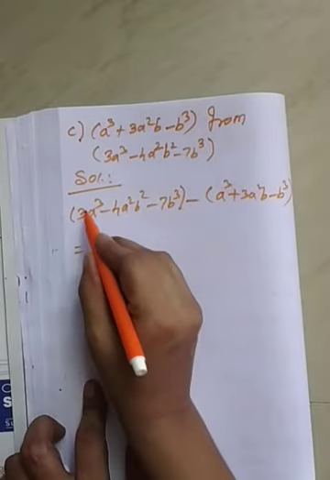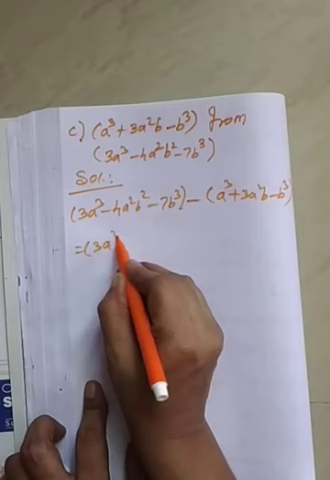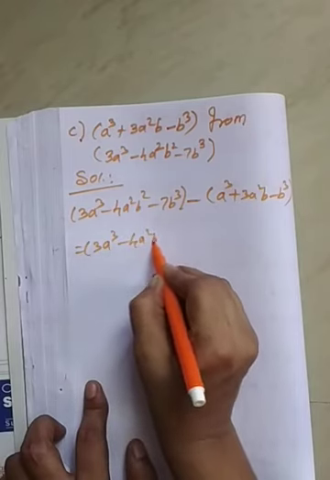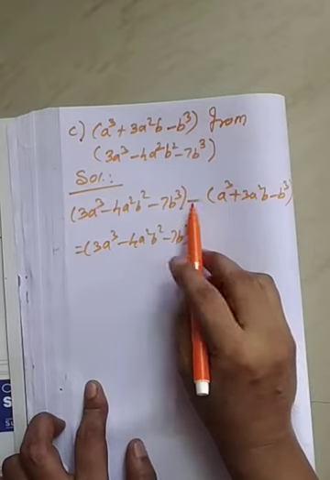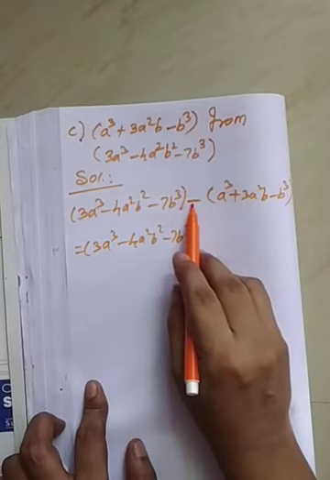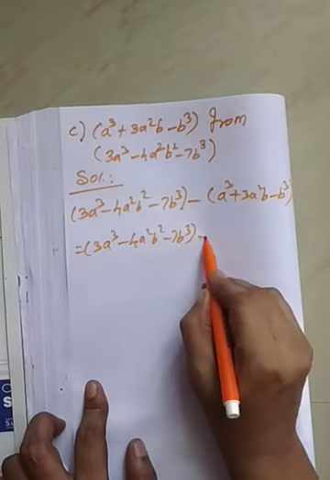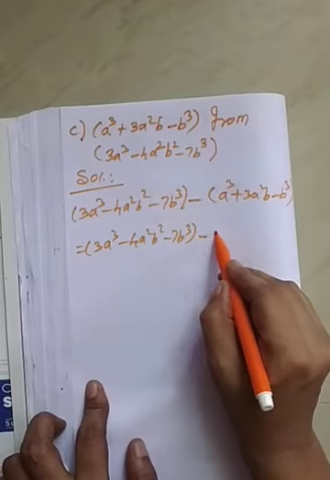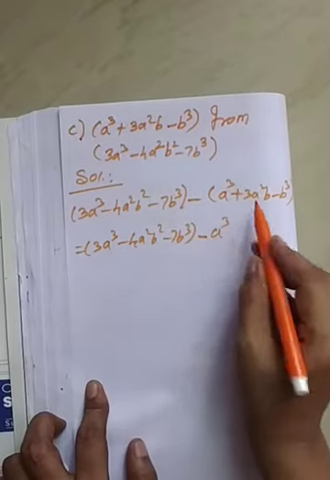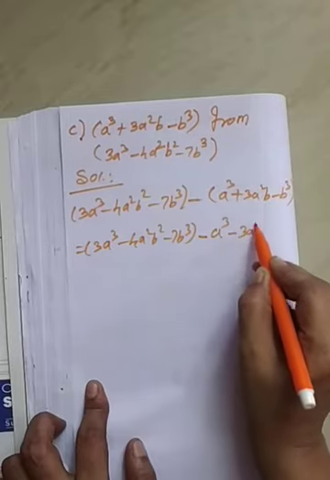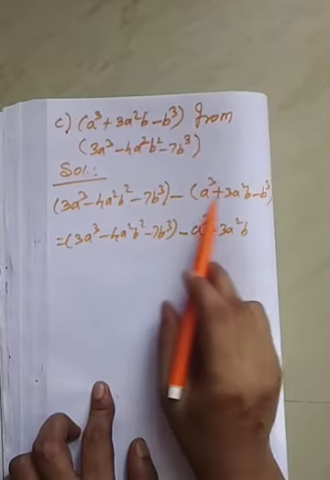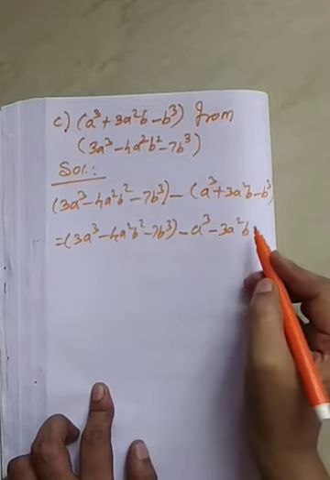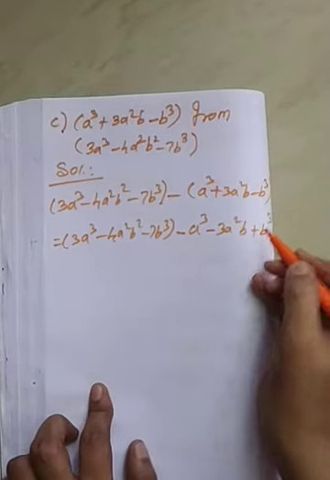Okay, after that, write the first expression here. After that you have to multiply the minus inside the bracket first. See here, minus into plus is minus, and then a cube. In this one minus 3a squared b, minus into plus is minus. Next minus into minus is plus b cube.